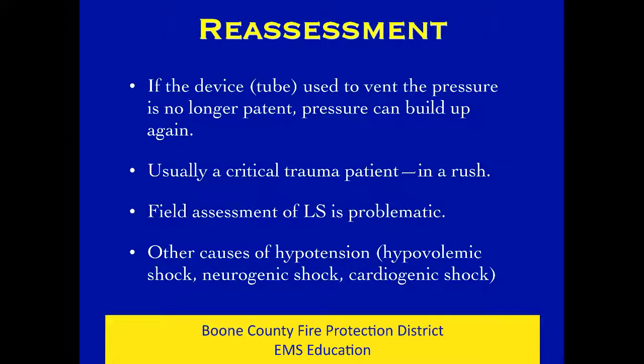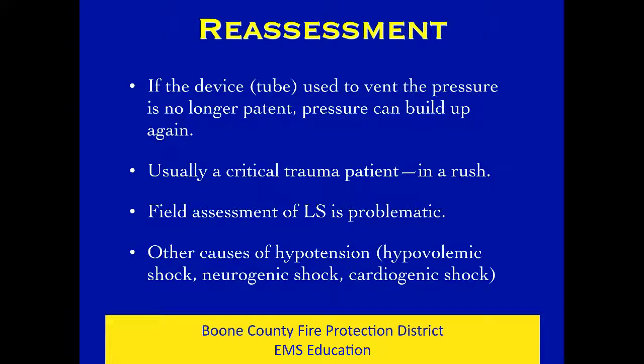Now, nobody said that just because you placed an IV catheter type device or a chest tube in the patient's chest and relieved the tension pneumo, that it won't build back up again. The IV style devices are pretty good for relieving the initial tension pneumo, but not very good about staying open.